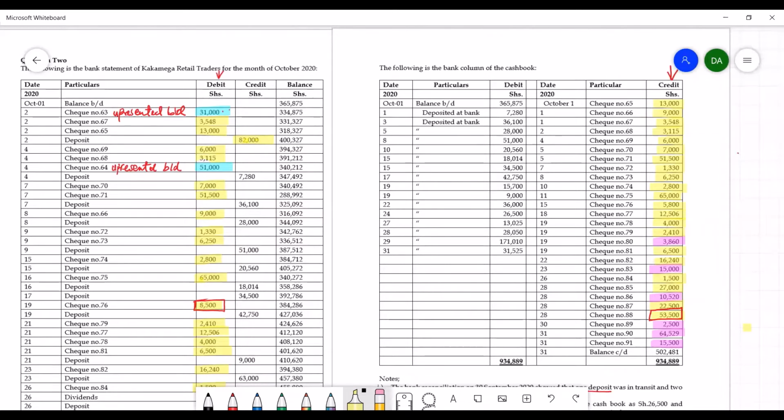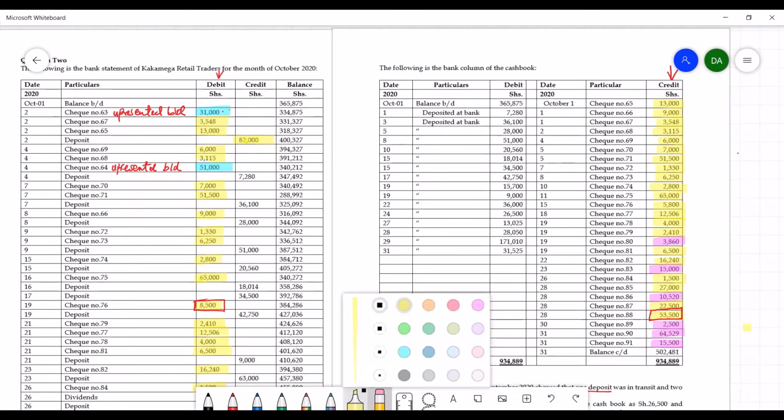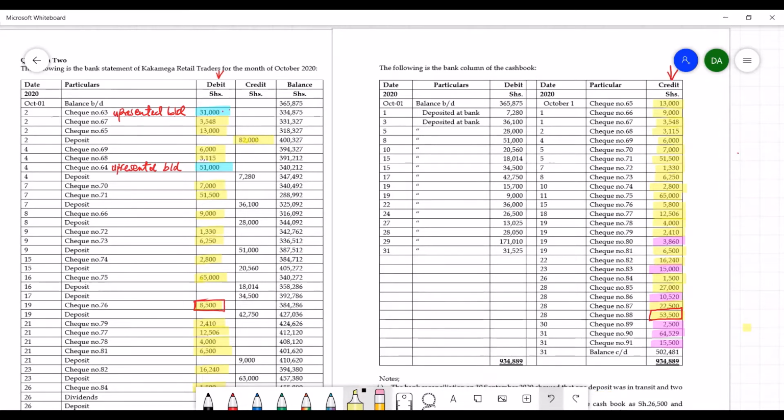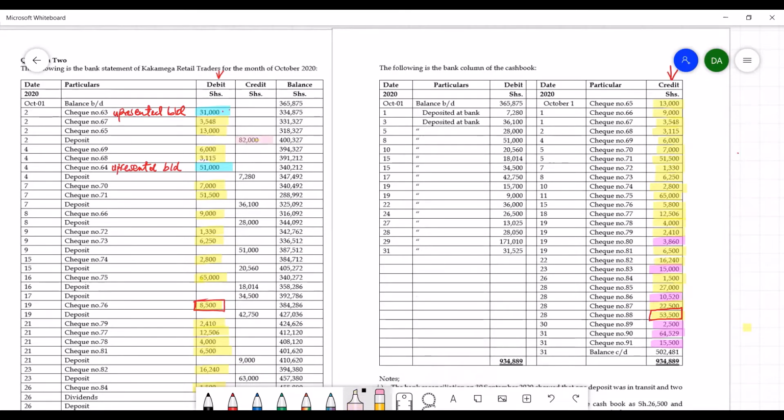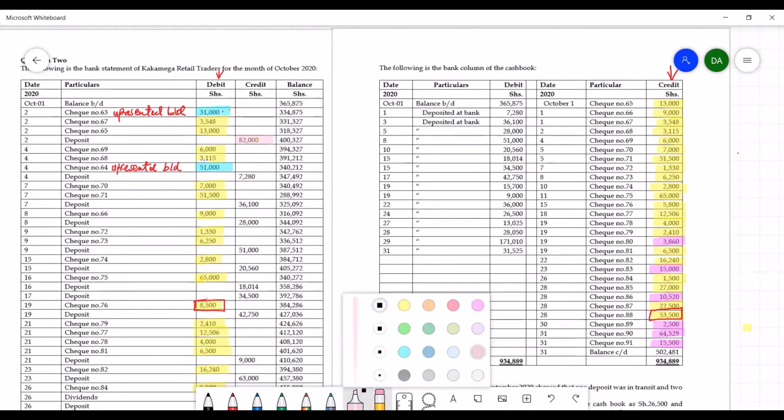So we have a deposit in transit, as you can see here. There is a deposit that was in transit, this one here. The next deposit here is 7,280.